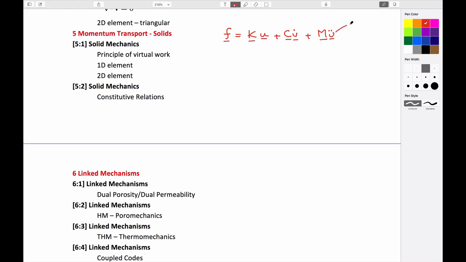So this is d2u dt squared. And it would be in x direction or y direction, whichever. It's a vectoral quantity.